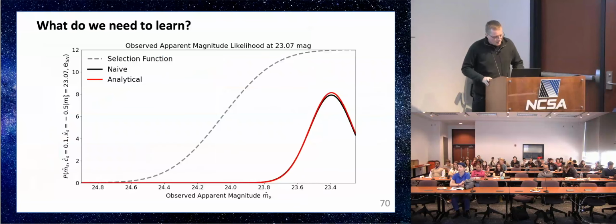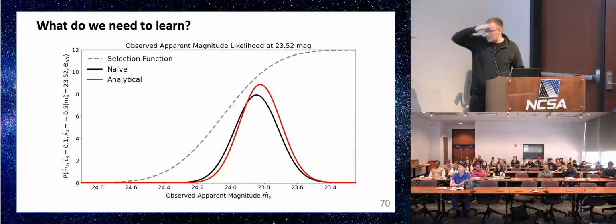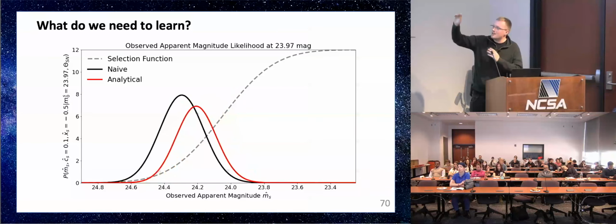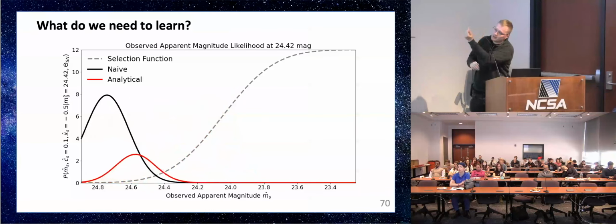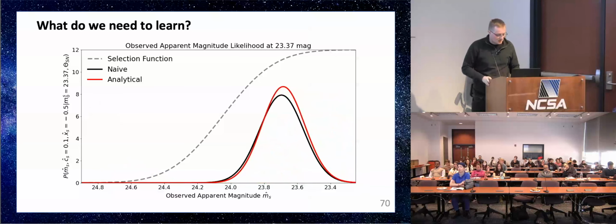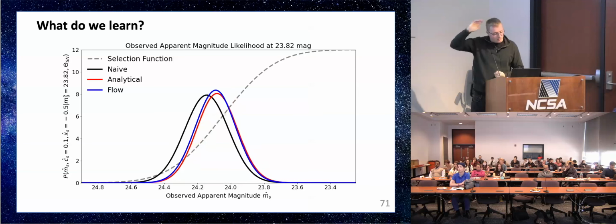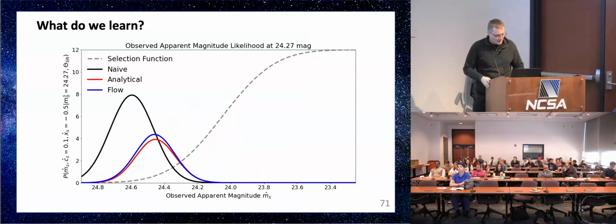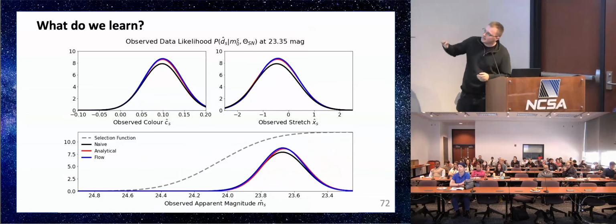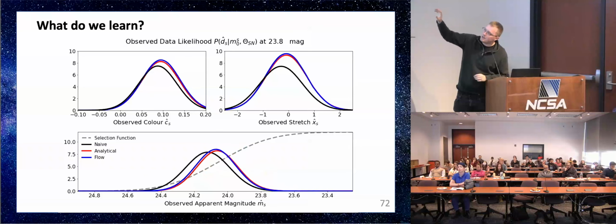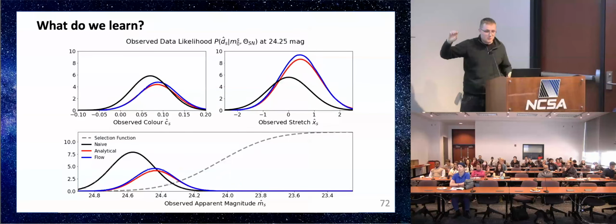So this is what we do. This is what we should be learning. This is the analytical solution where, as you go dimmer, you've got this push of the likelihood towards brighter magnitudes. And in blue, we have what the normalizing flow learns. It's doing a pretty good job of noticing this difference, but it's also 3D, so you need to be seeing the same match in all 3 dimensions, which we do.